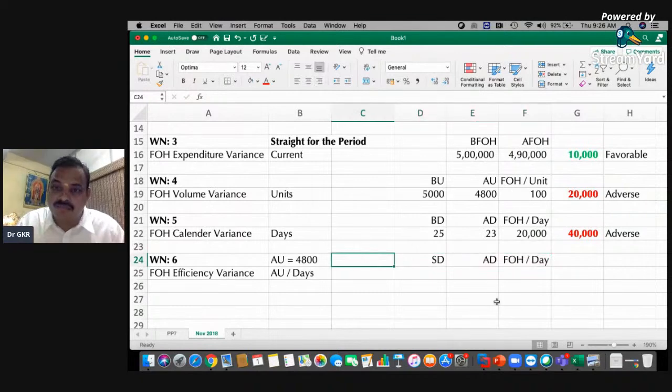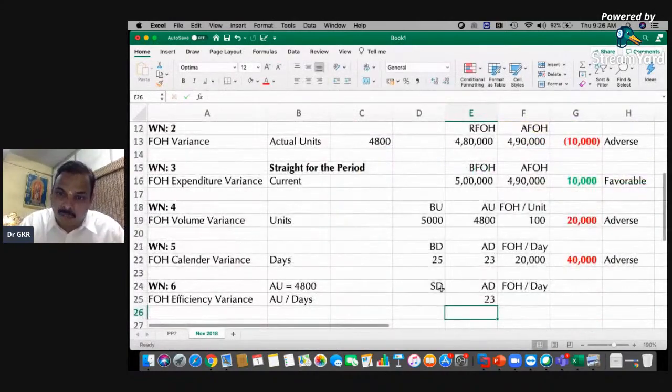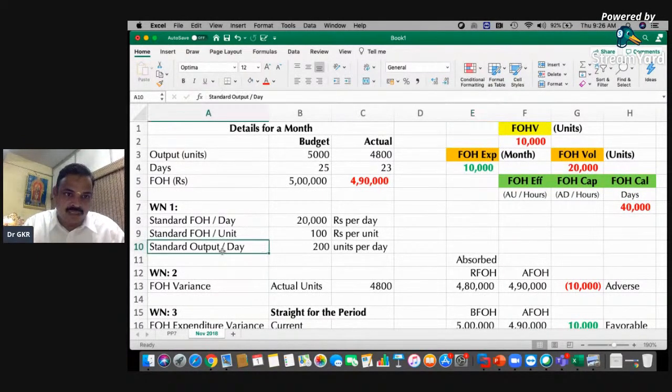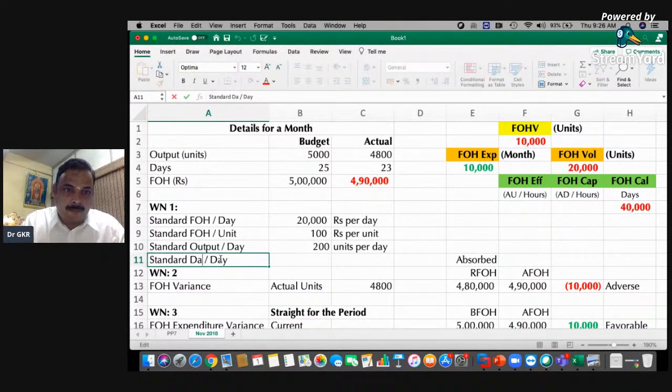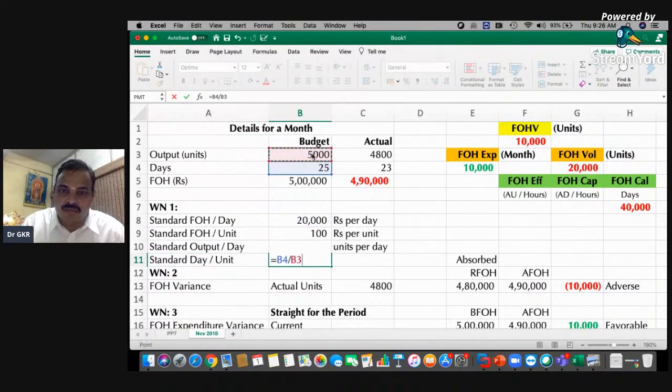It's time only. So, actual days for 4,800 units, you have taken 23 days. But how many days will you take per unit? So, this I will do in reverse. Standard days per unit is 25 divided by 5000.